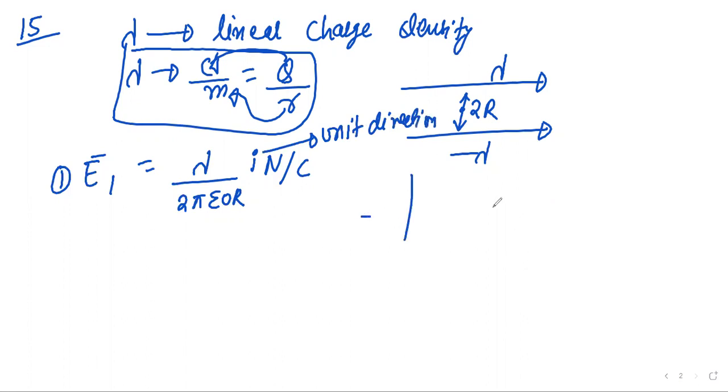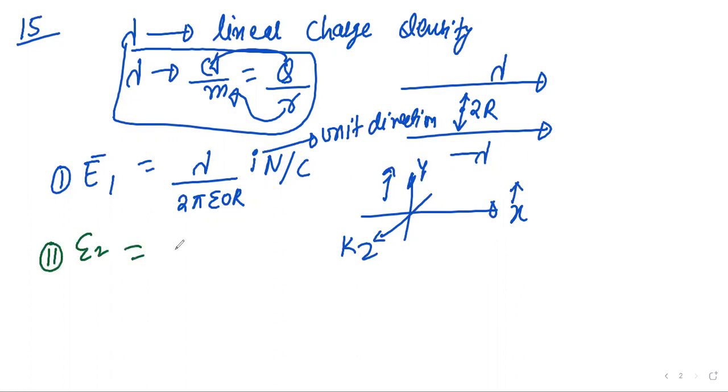You can see here, this is your x-axis, this is the y-axis, and this is the z-axis, so the unit directions are i, j, and k. This is for lambda 1. Similarly, for lambda 2, the electric field is lambda upon 2 pi epsilon naught r, direction i, newton per coulomb.